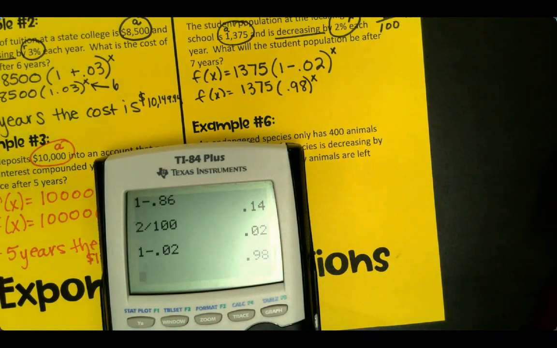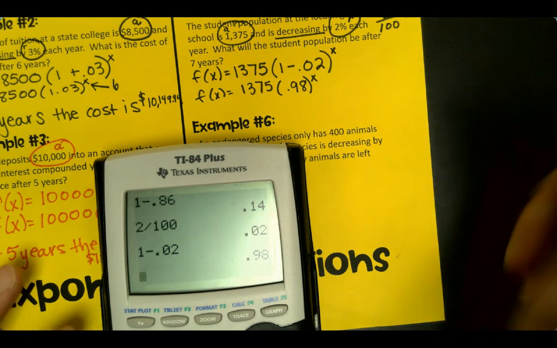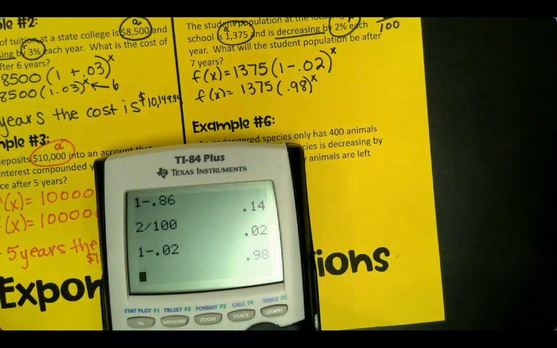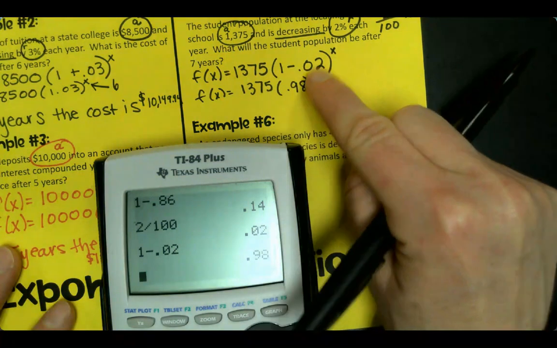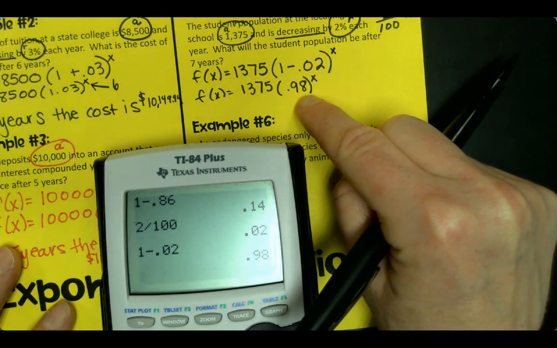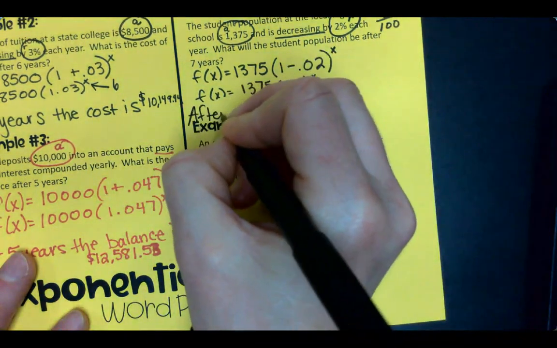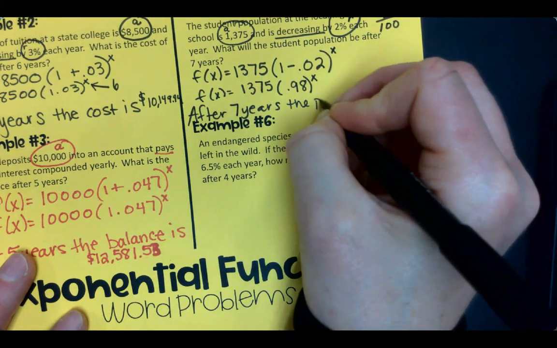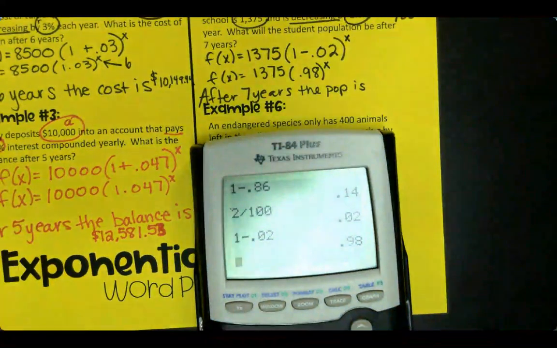So that's the equation. Remember, decay means it's decreasing by some kind of factor. So we don't use our rate by itself. We have to either add or subtract it from 1. Since it's decreasing, we're subtracting from 1. So that's why it says 1 minus. Now it says, what will the student population be after 7 years? So after 7 years, the population is, we're going to plug in 7 for x.